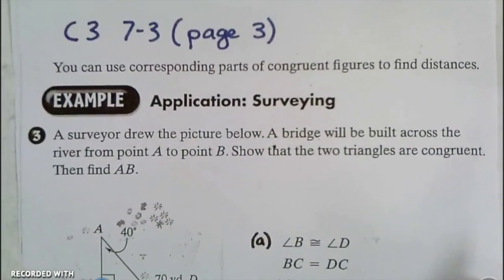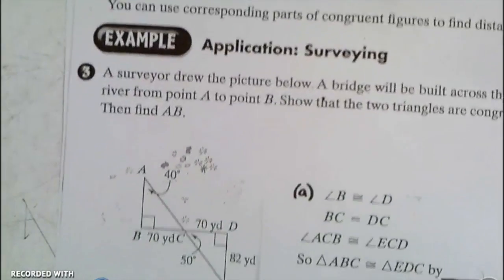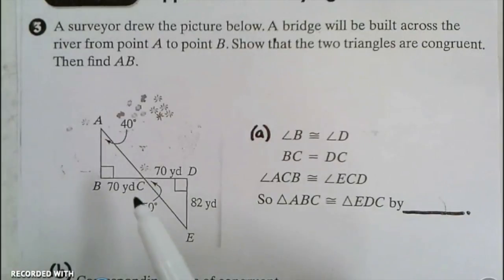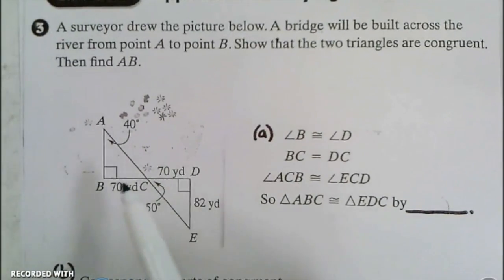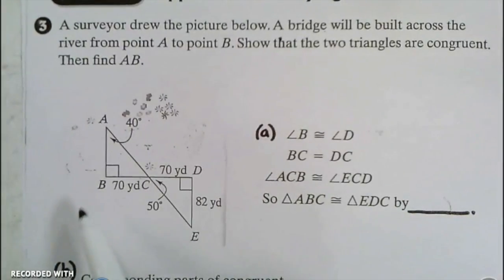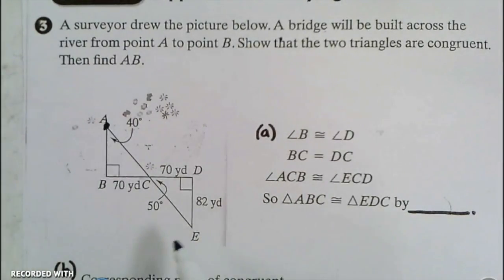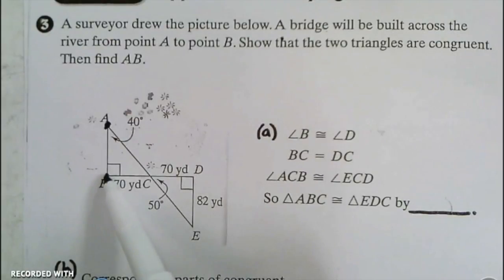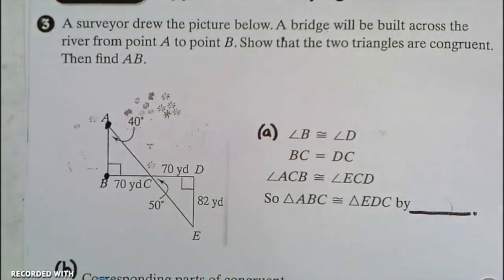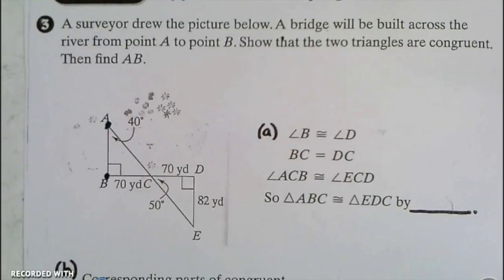You can use corresponding parts of congruent figures to find distances. This is fun stuff. We got a surveyor here, and he wants to figure out the distance of a bridge that's going to be built across a river from point A to point B. Show that the two triangles are congruent and then find AB.